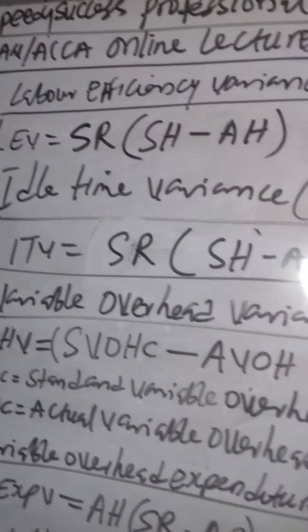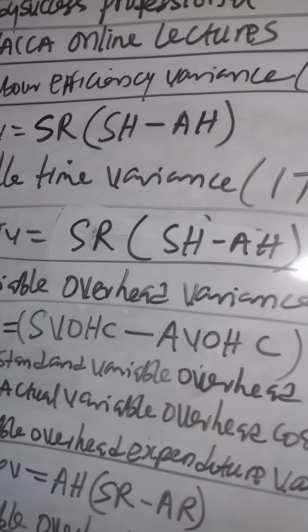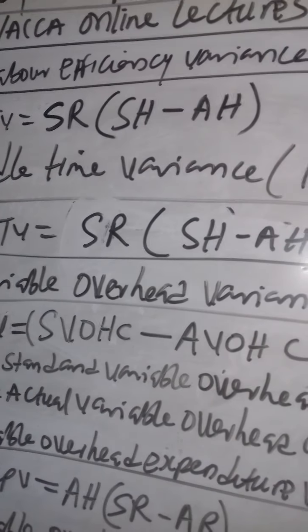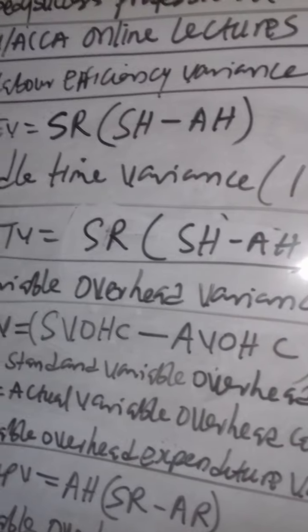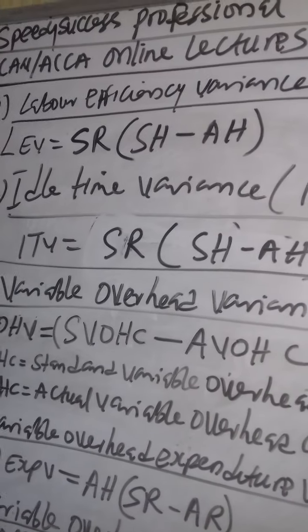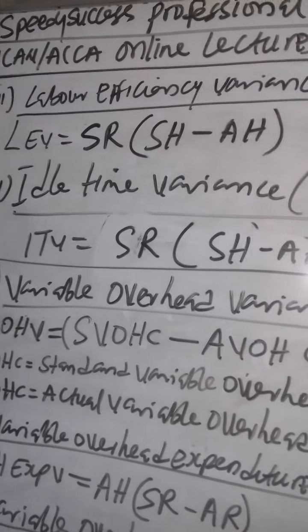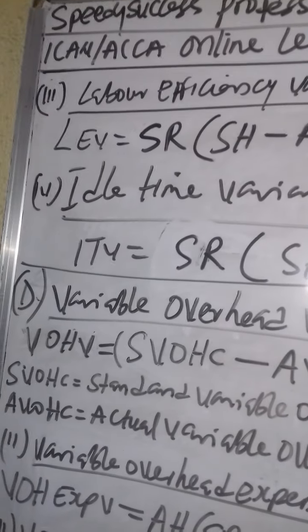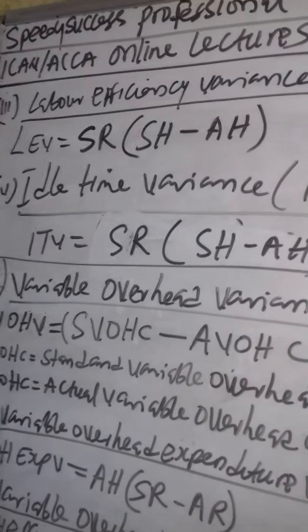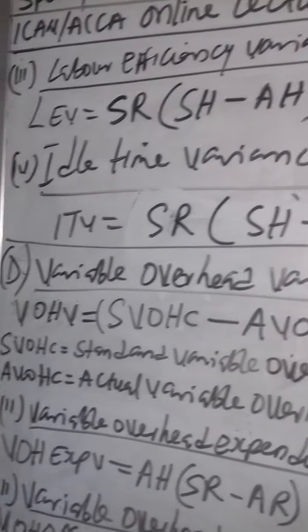Labor efficiency variance is calculated as standard rate of labor multiplied by the difference between standard hour budgeted and actual hour used. Standard hour minus actual hour multiplied by standard rate will show us the labor efficiency variance.